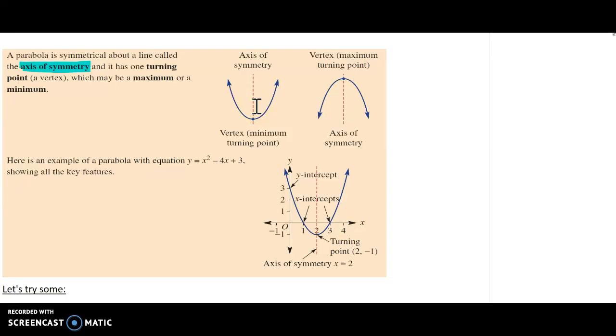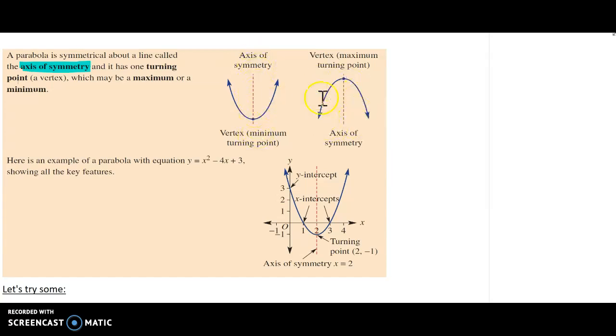Symmetry means you see the mirror image on the opposite side. If you have a look at the positive x squared graph, if we draw a vertical line right in the middle, imagine that that's a piece of paper and we fold this in, it'll map exactly onto each other. So this vertical line is called the axis of symmetry.